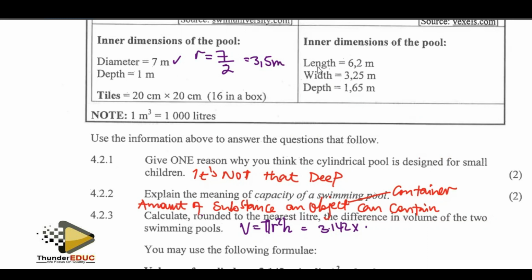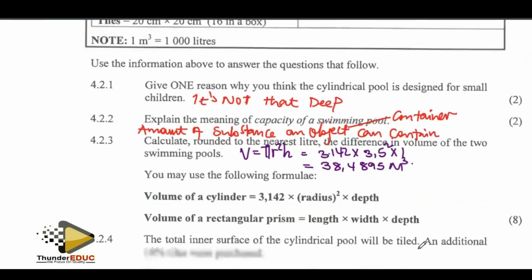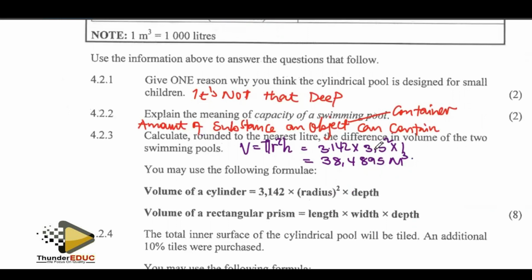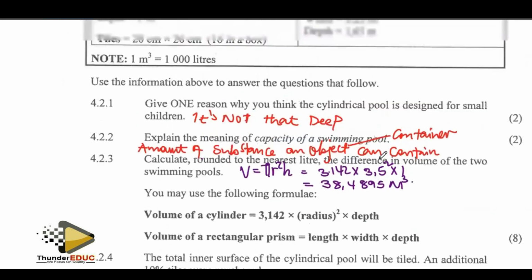So we come back here and you say 3,5 squared times the height, which is already what? 1. Don't forget to square. So here we have 38,895. These are meters cubed. Put them aside. Remember you're looking for the difference, which is the subtraction between the volumes of the two swimming pools.